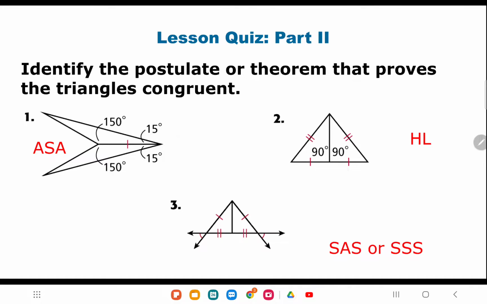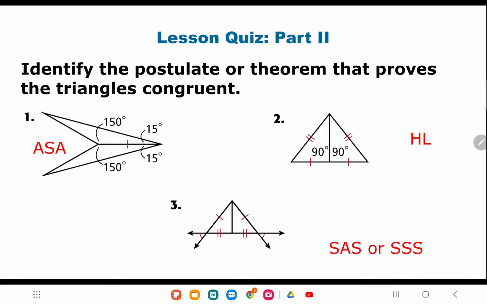You also could say hypotenuse, leg here, though if we don't know that these angles are congruent, that's not really going to work out so well for us. But knowing that we have some vertical congruent angles here, that does get us to side angle side.